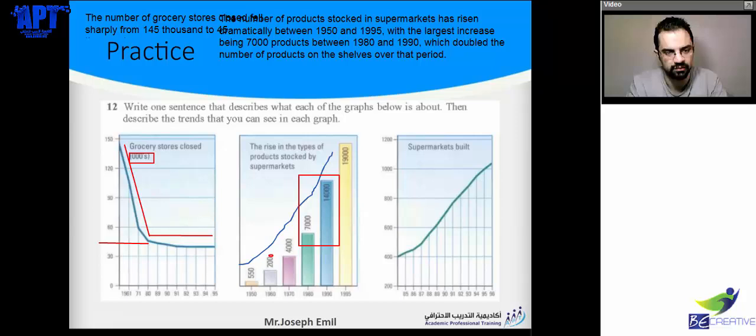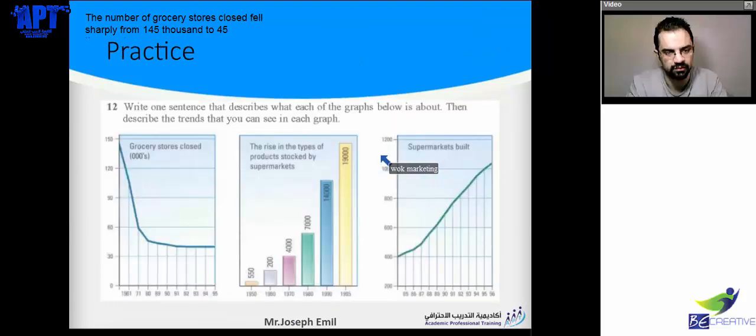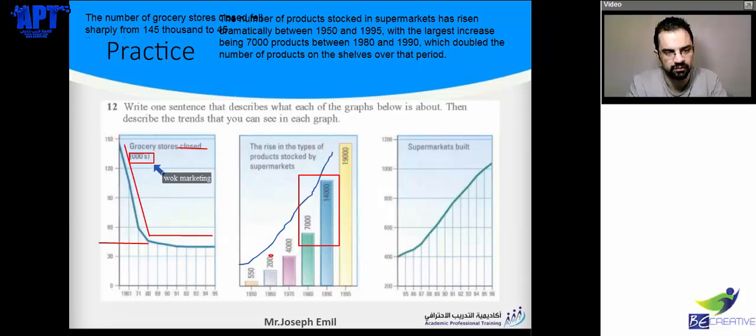So the number of grocery stores kept being reduced over and over again here, until they reach a plateau. So in 1991 we have 40 grocery stores. Anyway, I think you get the point. The graphs will be much clearer than this in the test. The number of grocery stores, in the thousands, has fallen dramatically over this period.